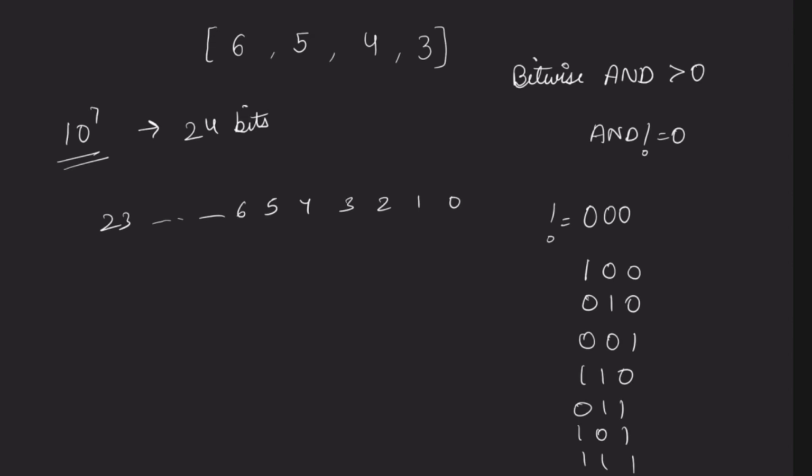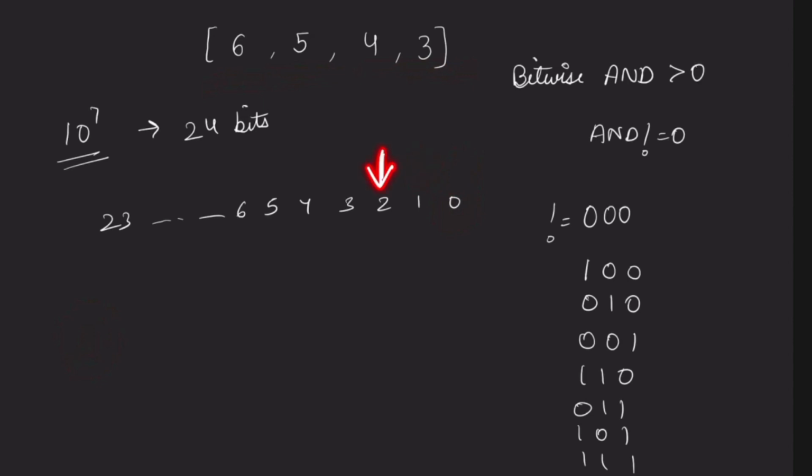Now, what you can check is that, okay, for the 0th bit, how many numbers are there in this array which have the 0th bit as 1, right? Then similarly, you can check for bit 1 how many numbers in this array have the bit as 1 at this first place, right?